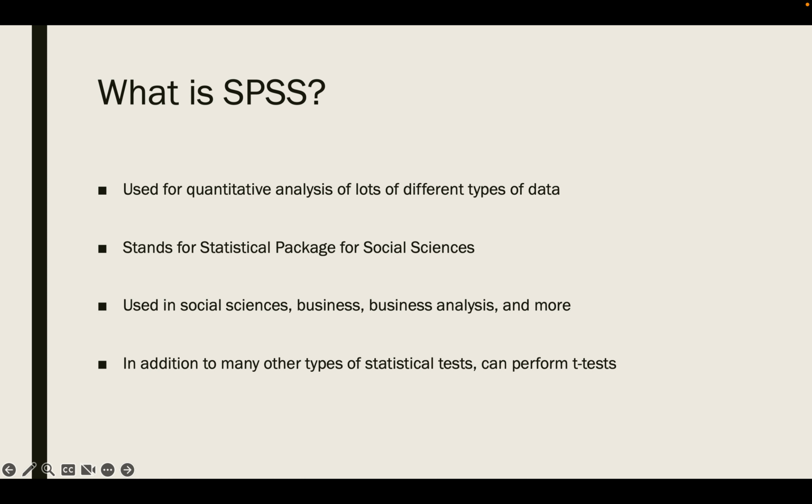T-test is one of many things it can do. It stands for Statistical Package for Social Sciences, and social sciences is just one of the fields that this is used for, among many others like business analysis, and plenty more. There's lots of them where data analysis is important.